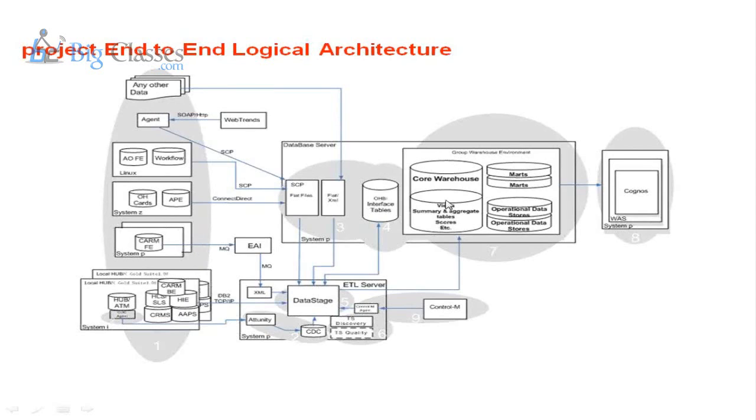In the data warehouse we are going to have views, summary tables, aggregation tables; all these kinds of data will be there. And this is the OLTP system, this is the data warehouse. In between the OLTP and the data warehouse, we'll have all the ETL. This is the DataStage tool, which is mostly installed on a Linux or Unix machine.